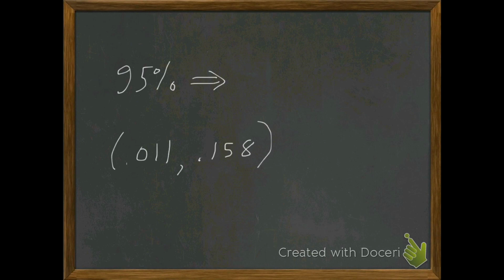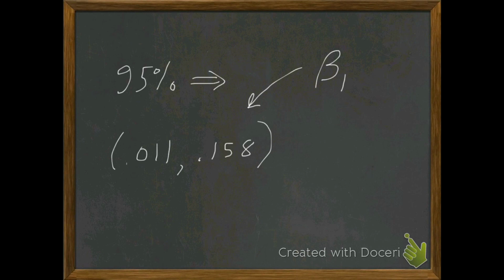The 95% confidence interval that I get goes from 0.011, you can see that we really just sneaked in statistical significance, to 0.158.